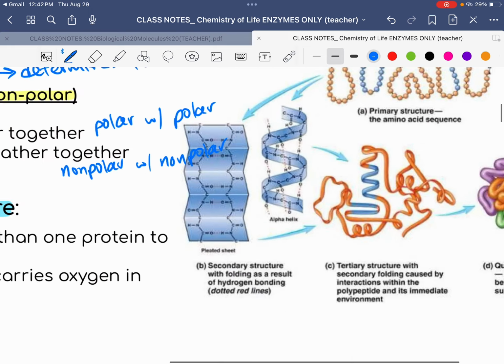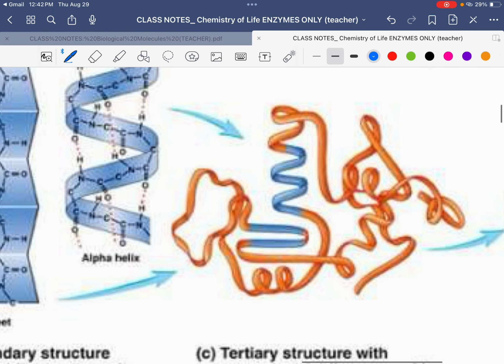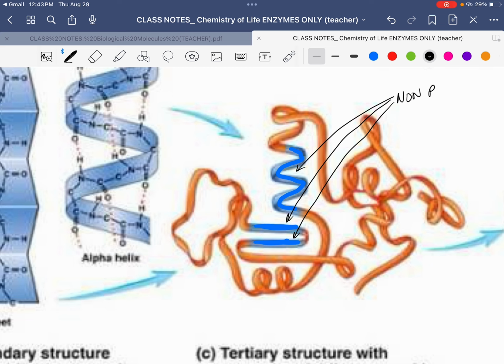And so you can see in this image here, we've got these non-polar regions. Here's a non-polar region, and here's a non-polar region, here's a non-polar region. Okay, so these here are non-polar amino acids.